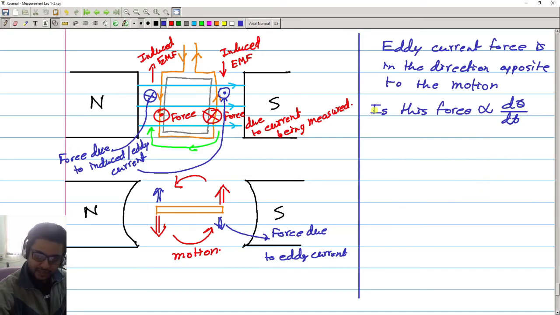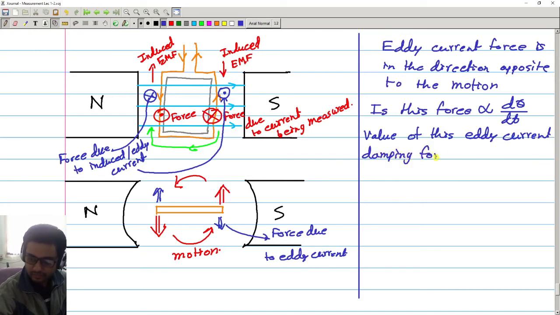So for that, let us find out the value of this eddy current damping force due to the former, that is, the frame. We will find it out.